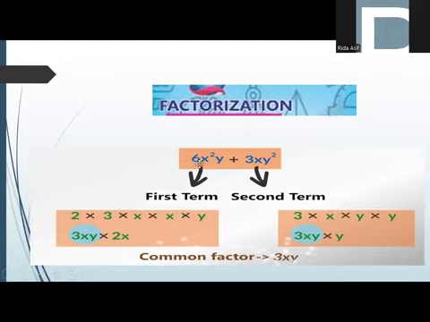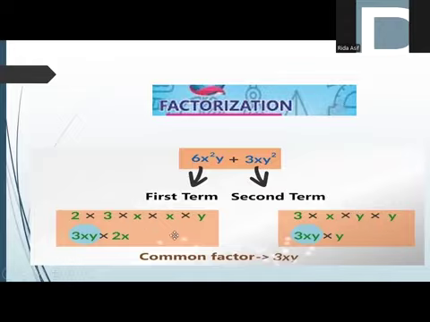For example, here we have 2 into 3, x into x and y. These are the factors of 6x squared y, and here 3xy squared is there. So for 3, we get only 3 into x, because there is no square over there, and y squared is there, so we get y into y, right?